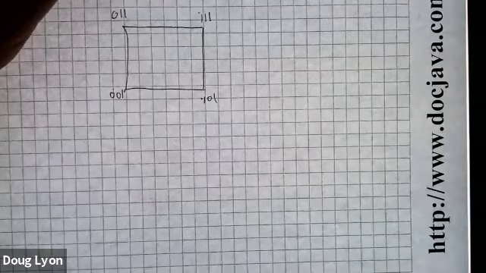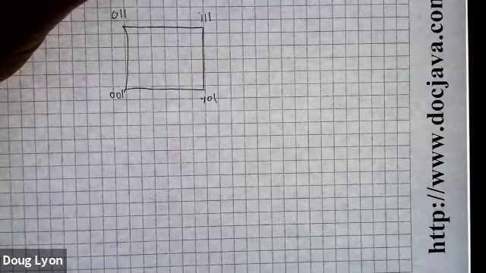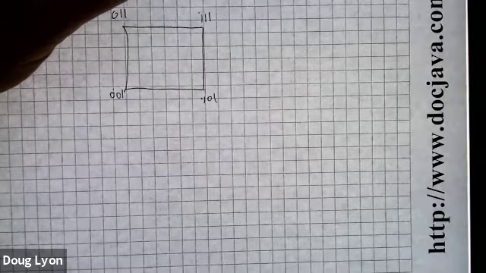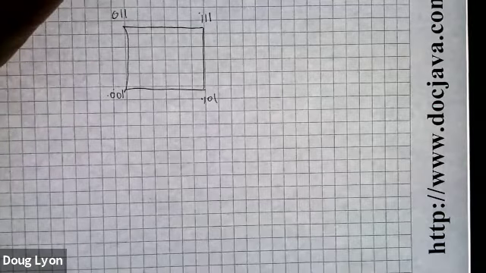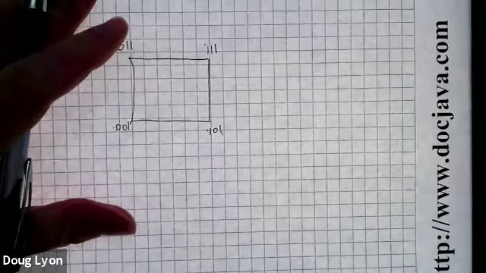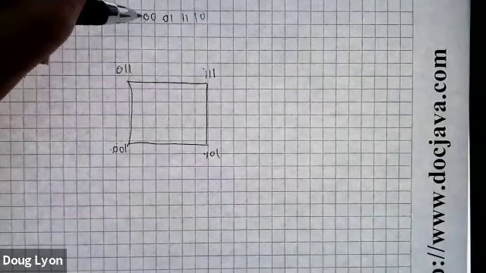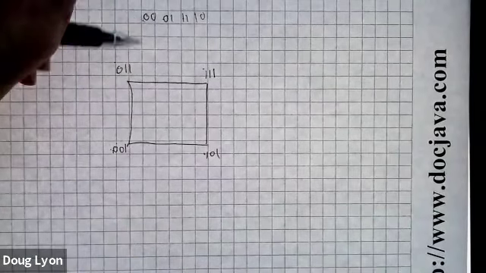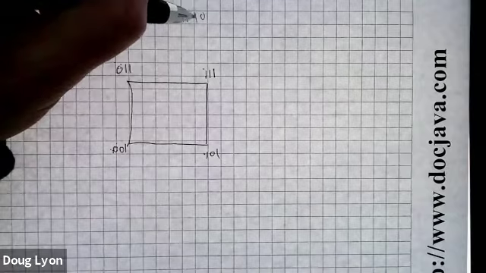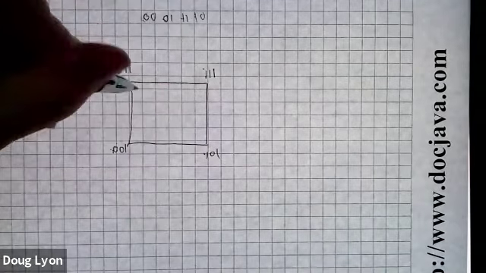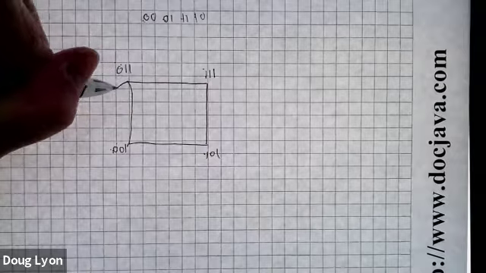And remember, we're doing things like this: 0, 0, 0, 1, 1, 1, 1, 0. So here's the 0, 0, it's here, 0, 1 is here, 1, 1 is here, 1, 0 is here. Now let's extend it to 3 dimensions.